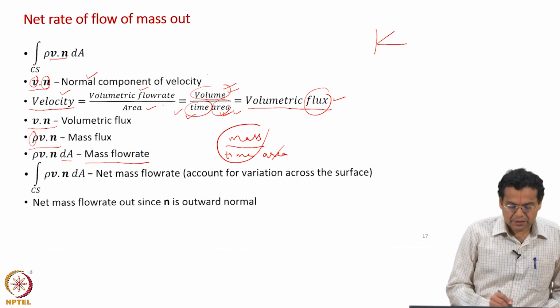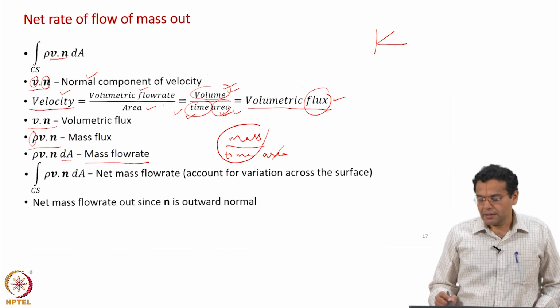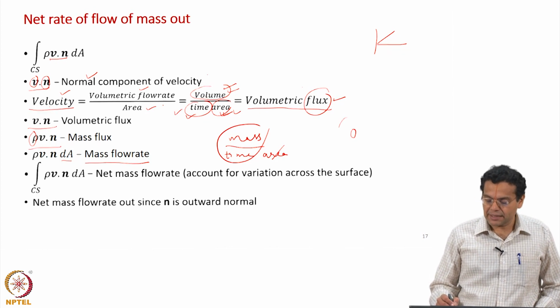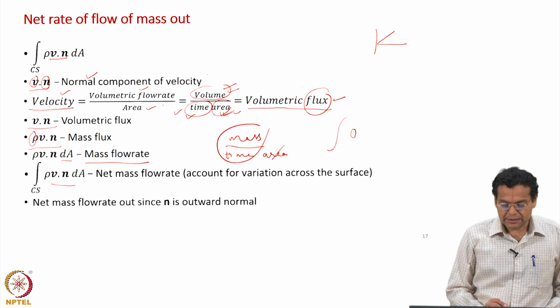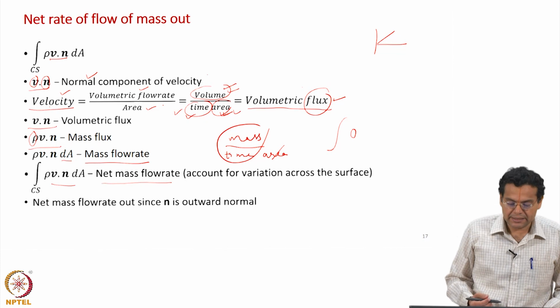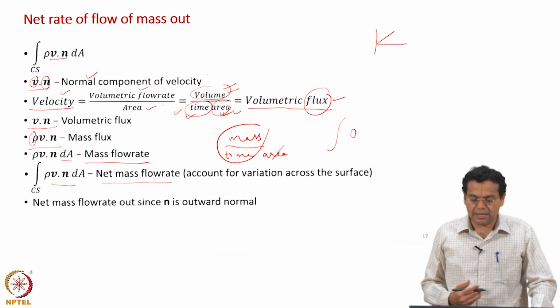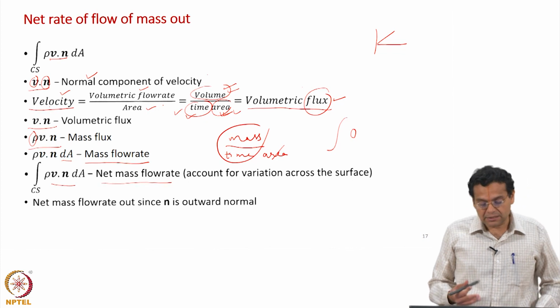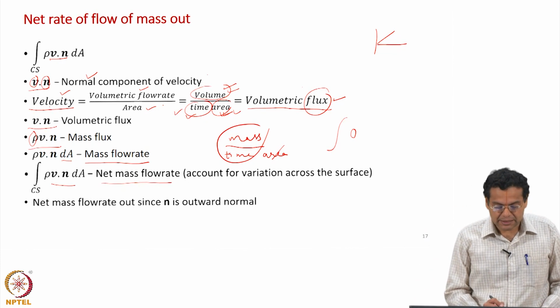Now, this mass flow rate represents the flow rate over a small region dA. You integrate over the entire control surface and it becomes the net mass flow rate, because in some regions mass may leave, in some regions mass may enter, and it is not just the net mass flow rate, but the net mass flow rate out, since n is the outward normal.